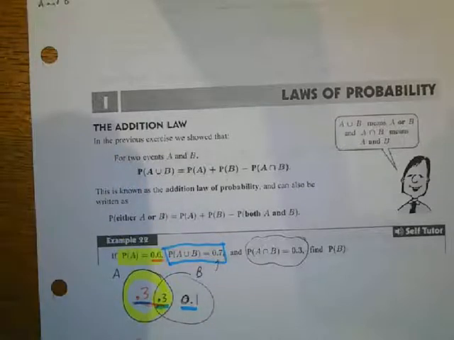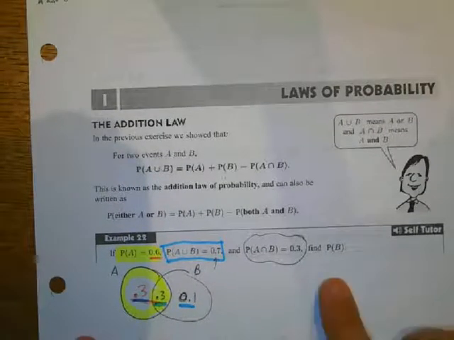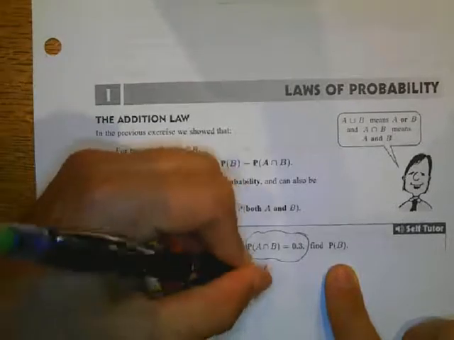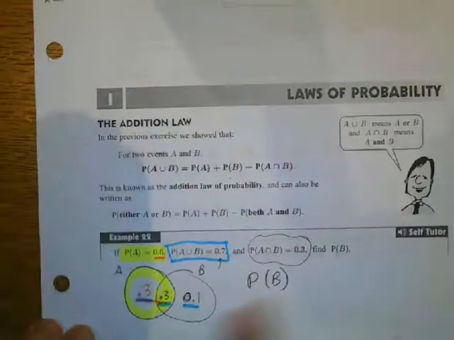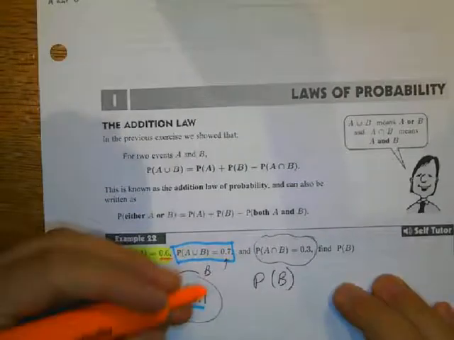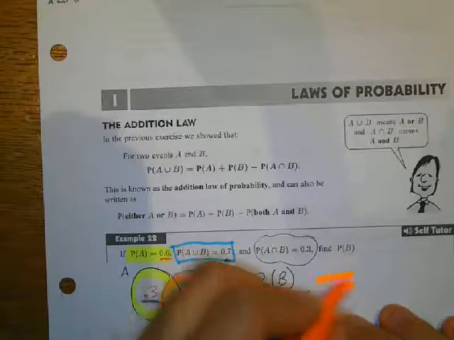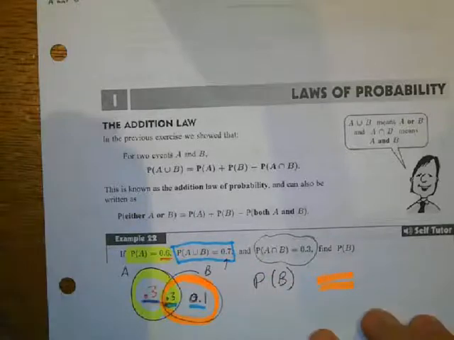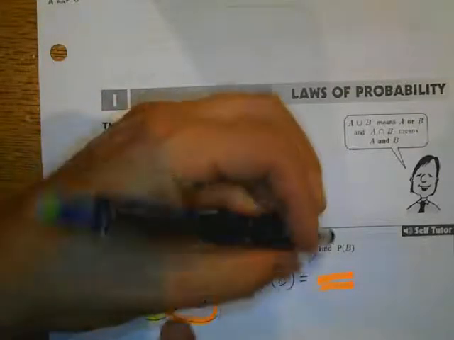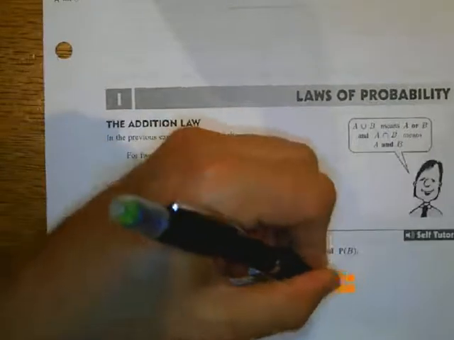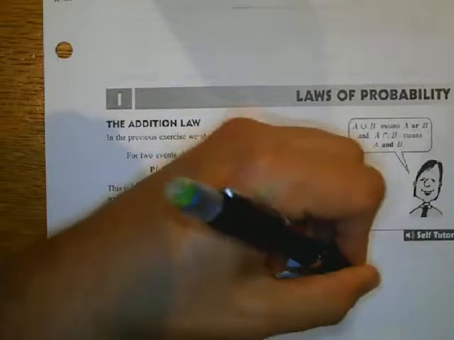So now we've got the correct Venn diagram, and this asks what is the probability of B? B is this circle here, so we add those two things together: the probability of being in circle B is 0.3 plus 0.1, which is equal to 0.4.